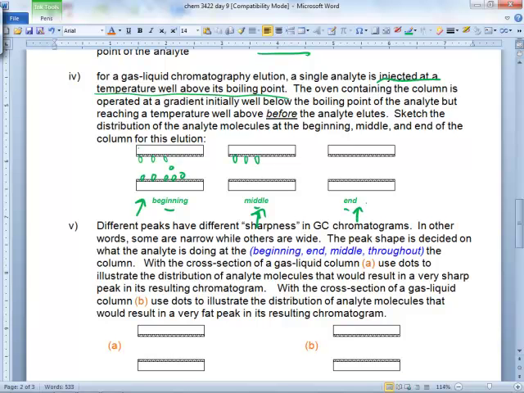So you just make sure you have proportionally more and more in the what phase? Mobile phase, as you go along here. It's just the way it's worded. Something like that. Just have more and more in the vapor phase.